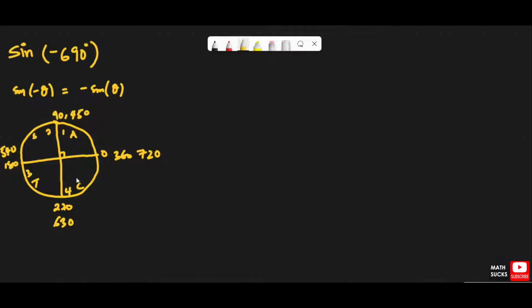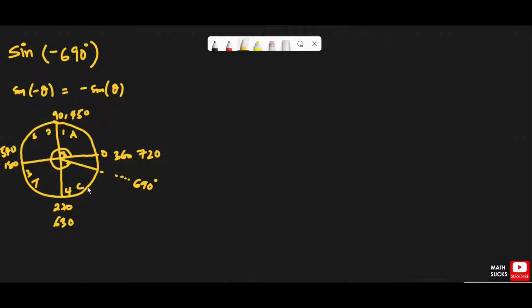So now, where is 690? When we draw a line, let's assume that angle falls here. If we make the rotations, rotate and then come back, that angle is going to be found around here. That is to say this is going to be 690.